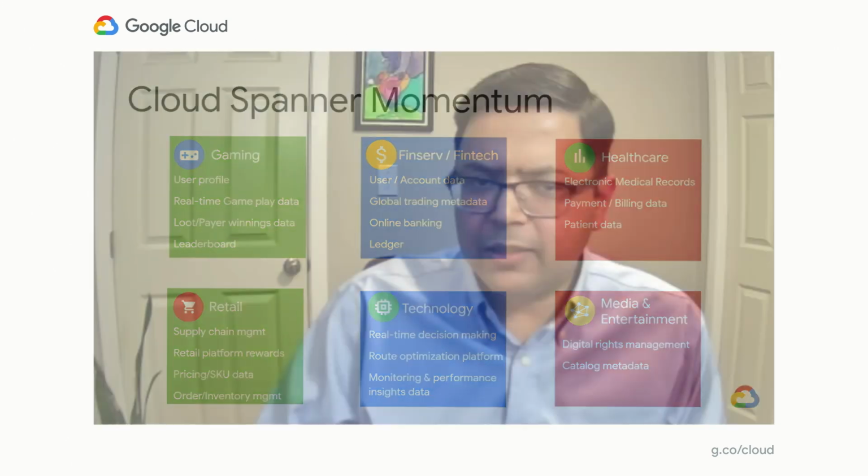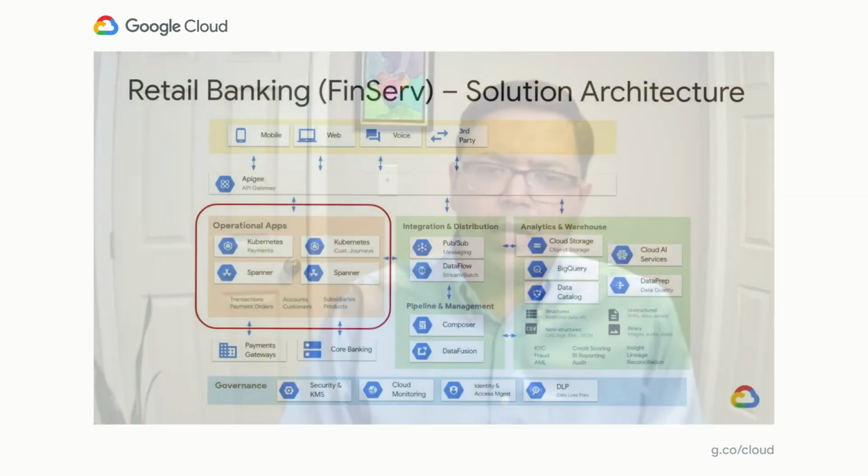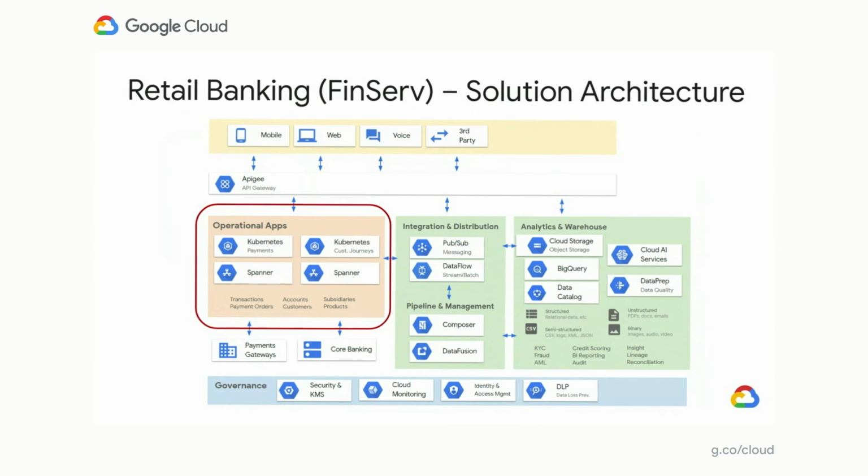So as a next step, I'm not going to dive into each of these use cases, but just pick a couple of them and discuss them in detail. First of all, this is a financial services retail banking use case. This slide presents the complete solution architecture for it.